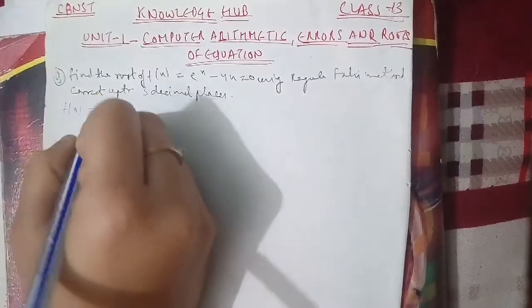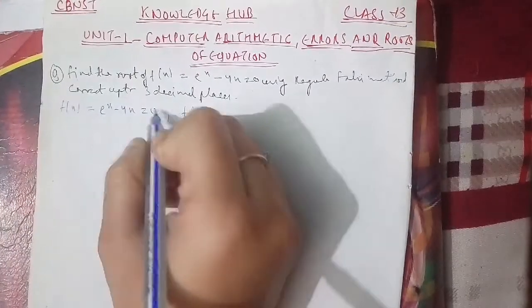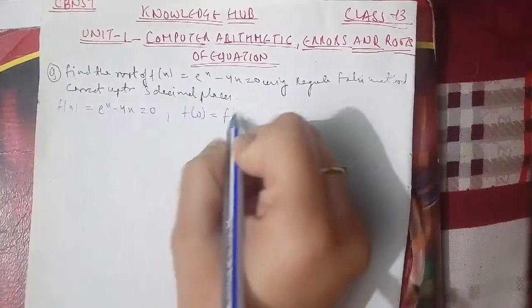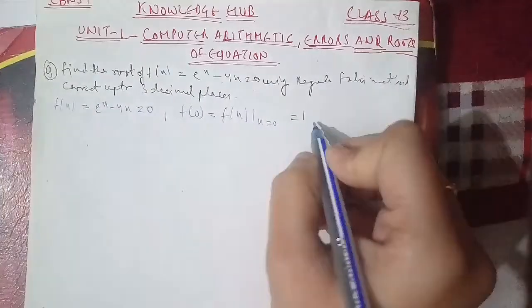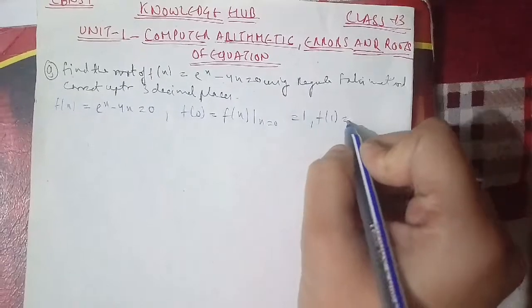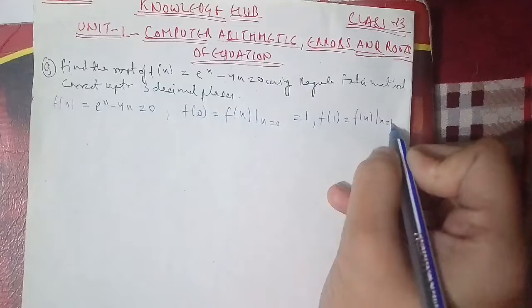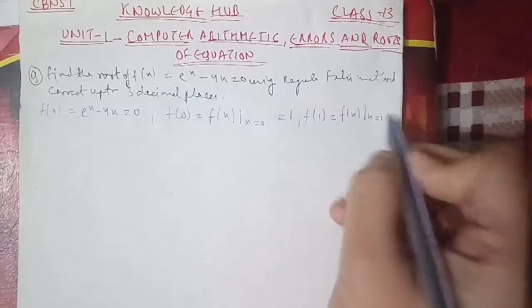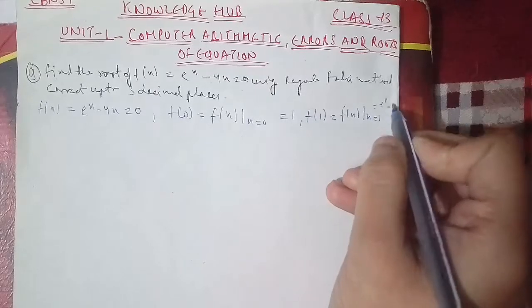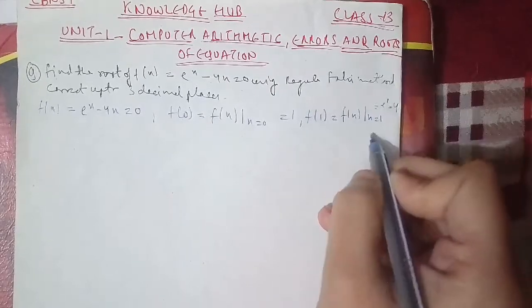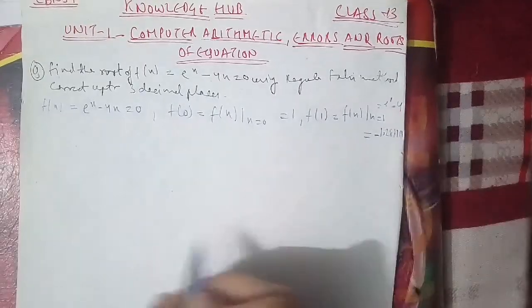f(x) = e^x - 4x = 0. f(0) is f(x) where x = 0, which equals 1, and f(1) is f(x) where x = 1, which equals e^1 - 4, that is -1.281718.